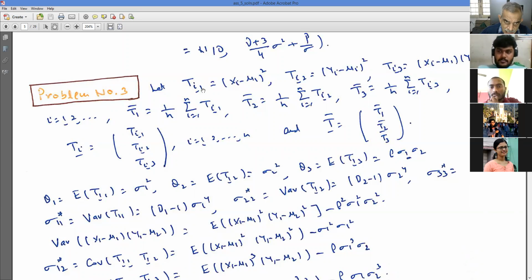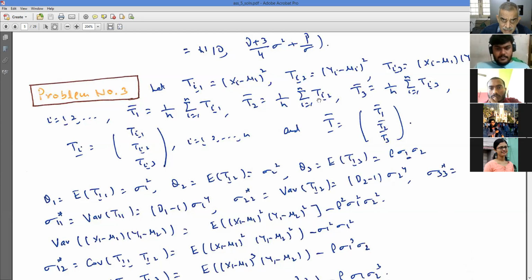Which is expected Ti1 square minus expected Ti1 whole square. But expected value of (xi minus mu1) to the power 4 is related to kurtosis, which is nothing but gamma 1 times sigma 1 to power 4. Is that okay? Minus the expected value of the square of this, which is nothing but sigma 1 to power 4. So the first diagonal element is nothing but (gamma 1 minus 1) sigma 1 to power 4. Is that okay? Yes, sir.